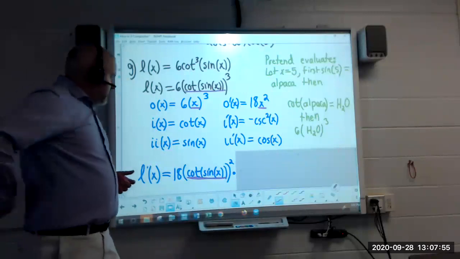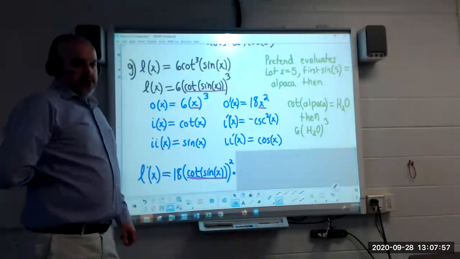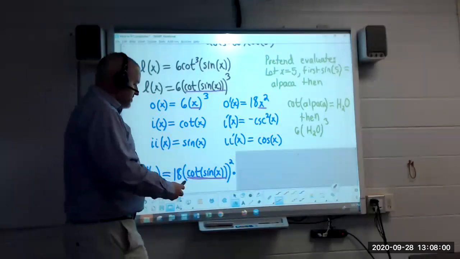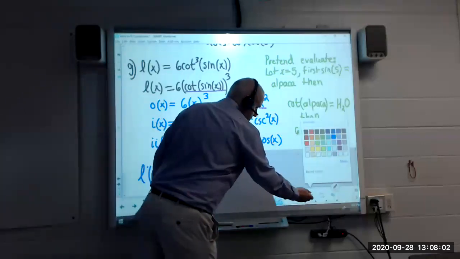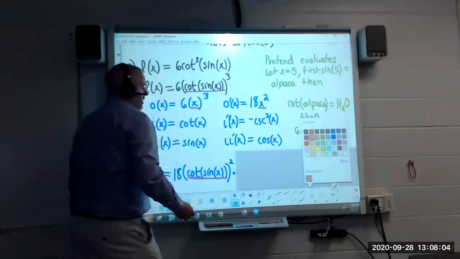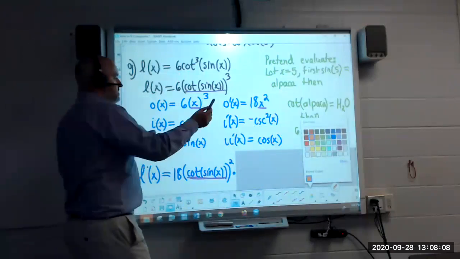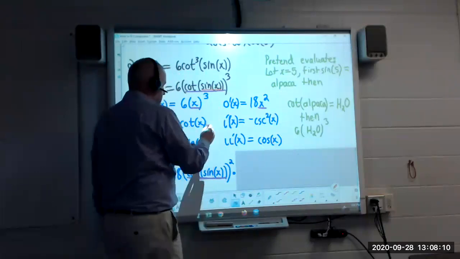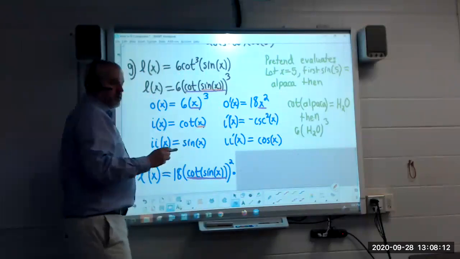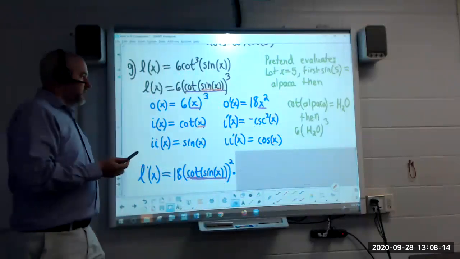So the next derivative is the derivative of cotangent. But what is interesting and unique about this problem compared to the other problems we did, there's a function inside of cotangent. And inside of cotangent is the sine of x. So this x right here, the cotangent of x, that's a sine of x.